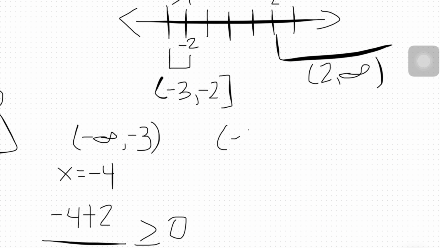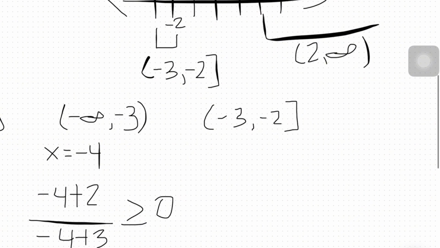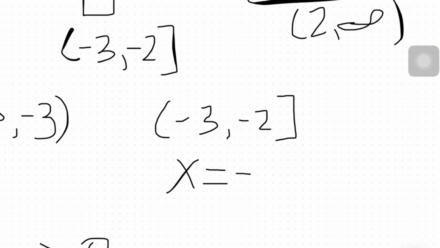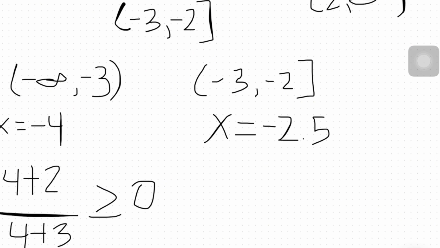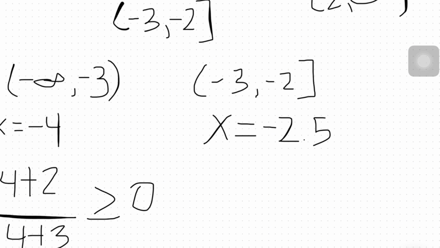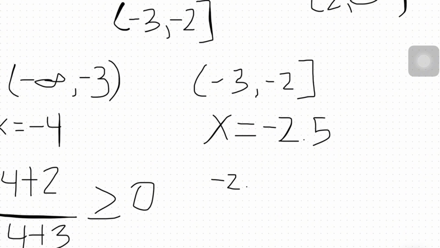Now for the second interval, I choose negative 2.5. Now just substitute it. Negative 2.5 plus 2 over negative 2.5 plus 3.